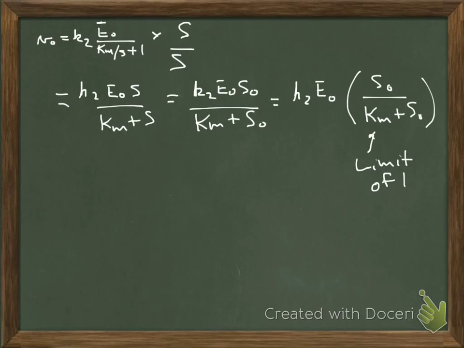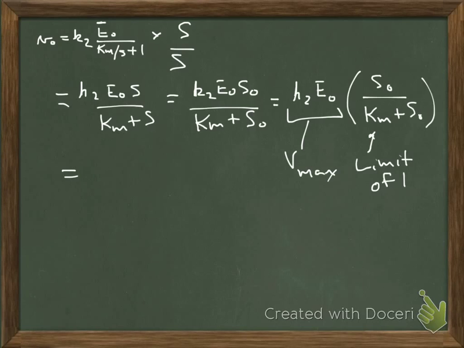And that's basically, if you were to go back a little bit, you should be able to figure out that that's actually equal to the fraction of ES. I didn't try to do that, but it should be equal to that. We can try to do that in a second. And so this is the fastest the rate can ever be, because when this is 1, this part is called Vmax, because it's the fastest the rate could ever be.